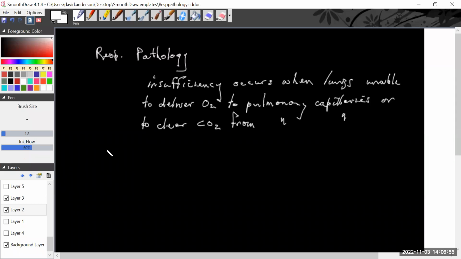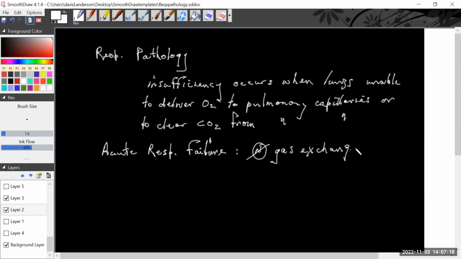And when we talk about acute respiratory failure, we're talking about an abnormal gas exchange. So that's the first thing.